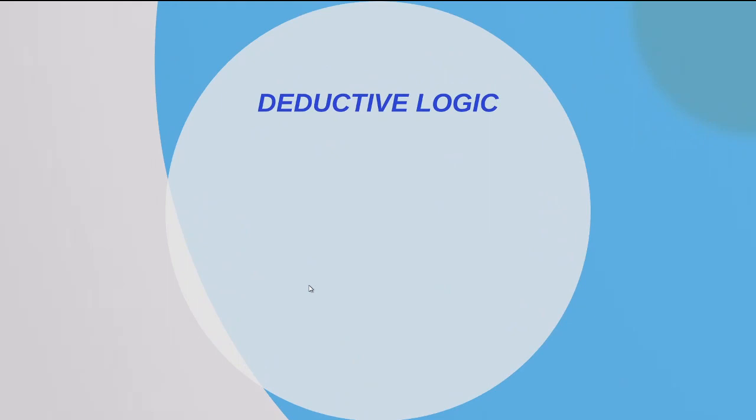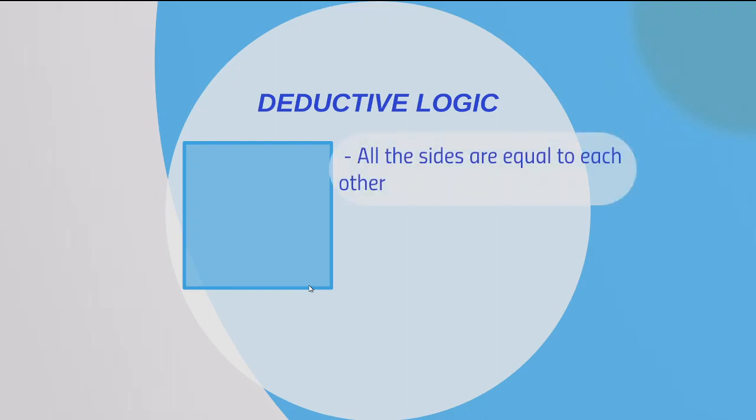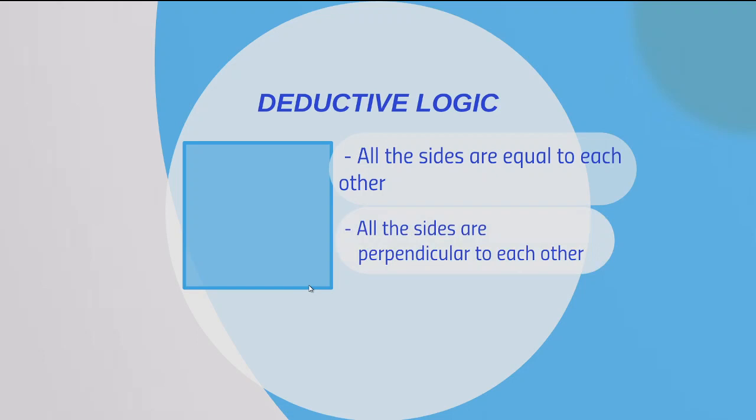What is that? Suppose I'm giving you a shape, whatever it is, and I'm giving you some information. That is, all the sides are equal to each other. Then I'm giving you another information: all the sides are perpendicular to each other.